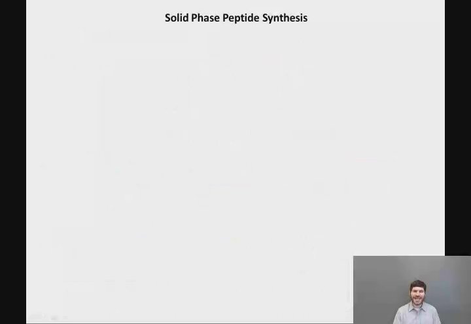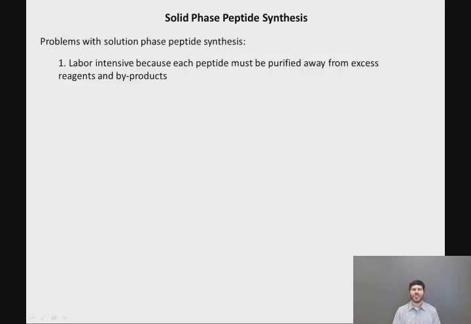So the real advance in this area is what we call solid phase peptide synthesis, and that is really how peptides are made today. What I went over on the last slide is solution phase peptide synthesis, and the problem with that is, first of all, that process would be very labor intensive if you're trying to make a long peptide, because with everything in solution, each peptide must be purified away from excess reagents and byproducts.